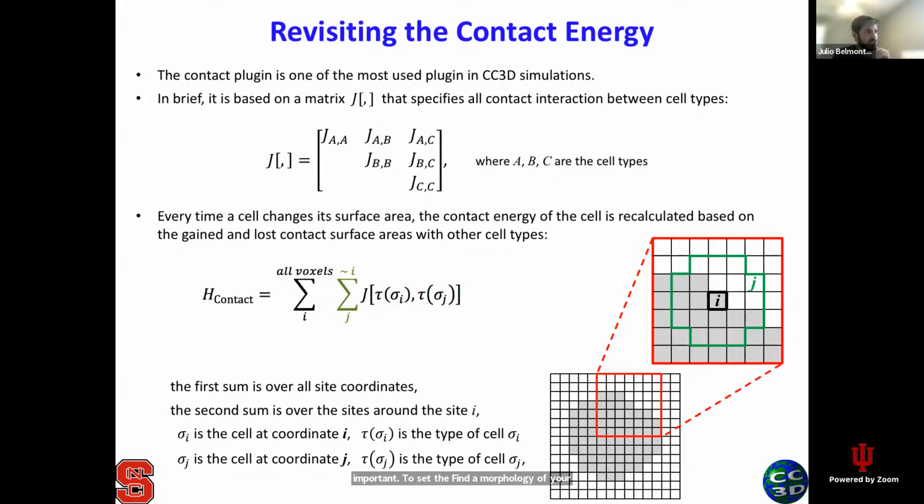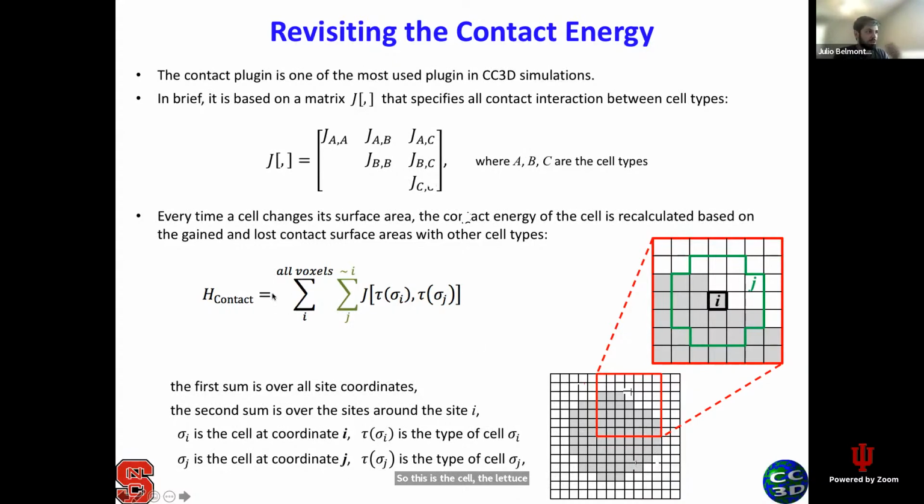So again, just revisiting how this works: you set those contact energies, and the way to calculate the total contact energy of the cell is that you go over all the lattice sites that make up your cell. This is the cell, and these are the lattice sites in gray that make it up, okay?